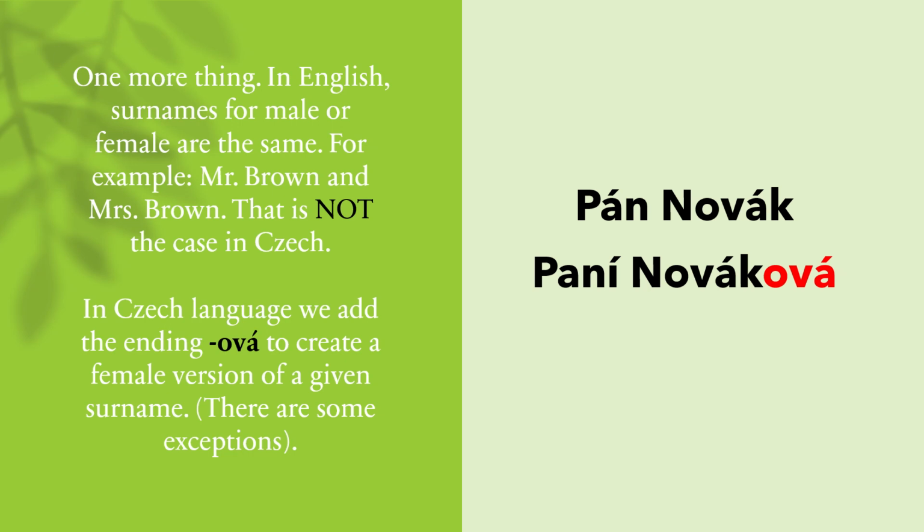There are some exceptions, and some new and modern names are starting not to be declined in the original way, but it's still quite rare. For example, Mr. Novák would be pán Novák, but Mrs. Novák would be paní Nováková. As you can notice, there is the ending ova for females in general.